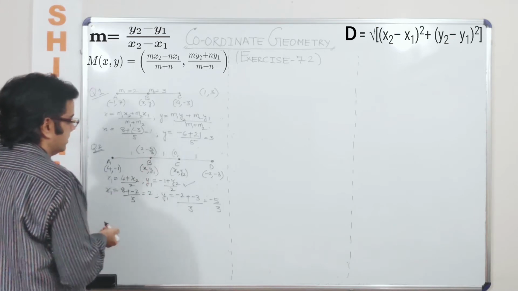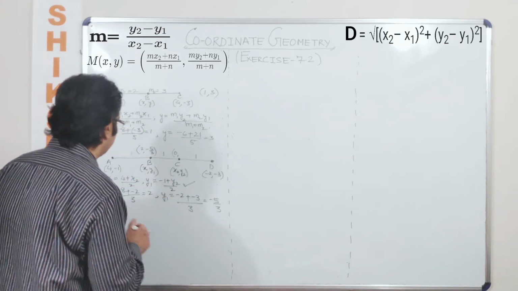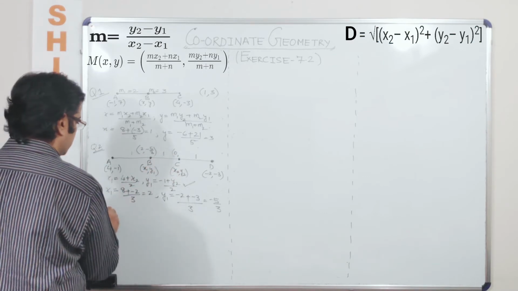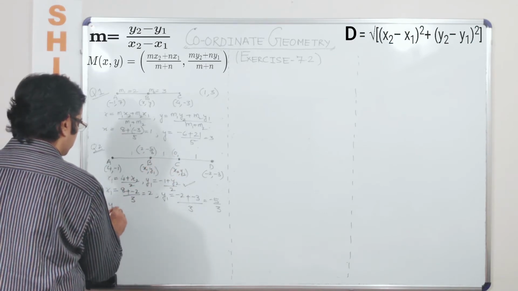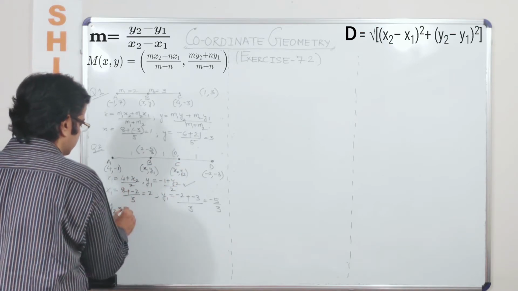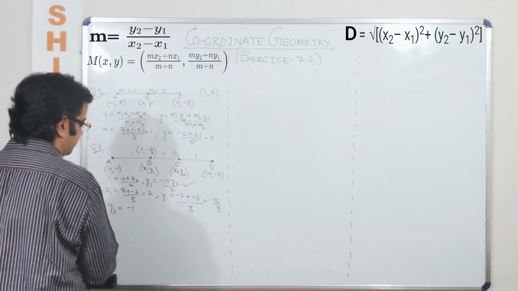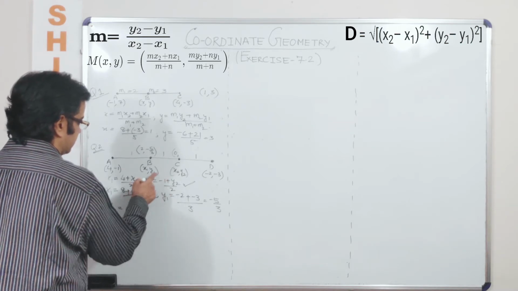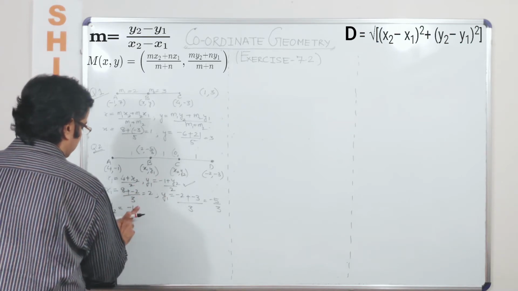I hope you are understanding what I'm trying to say. What I'm trying to say here is, we already found the value of x2. For y2, what do I need to do? So I know that y2 is nothing but 1 into minus 1, which is minus 1, plus, so I'm sorry.